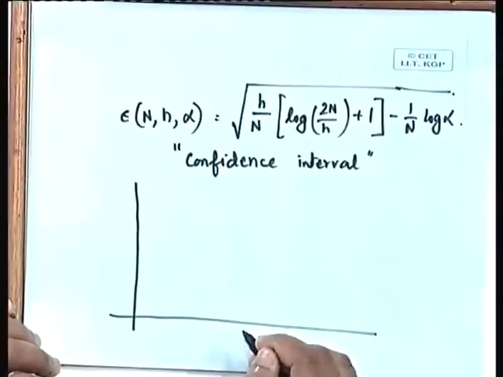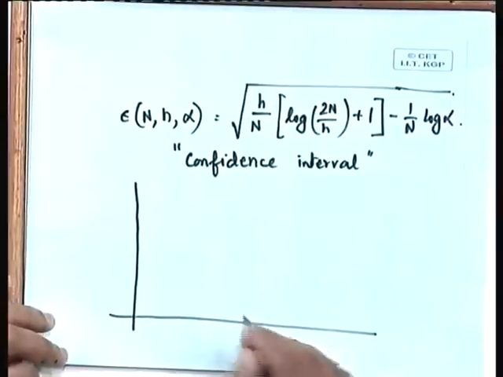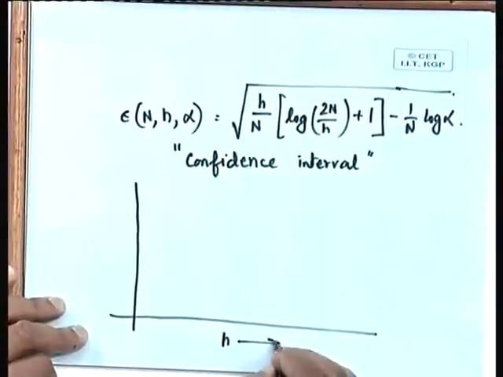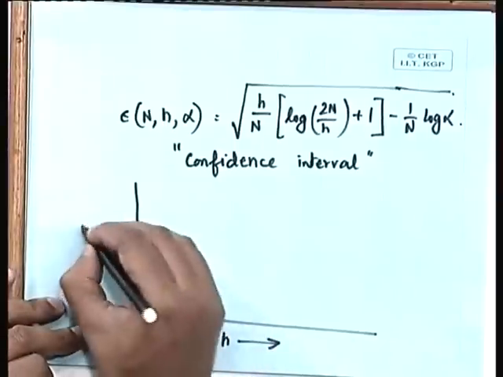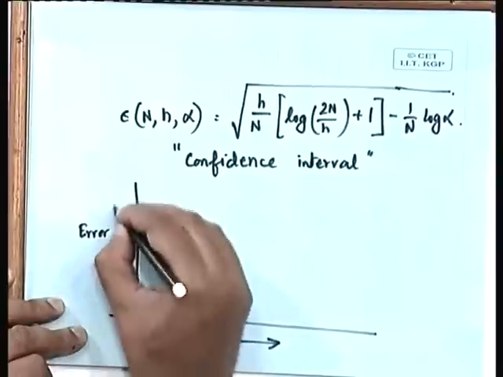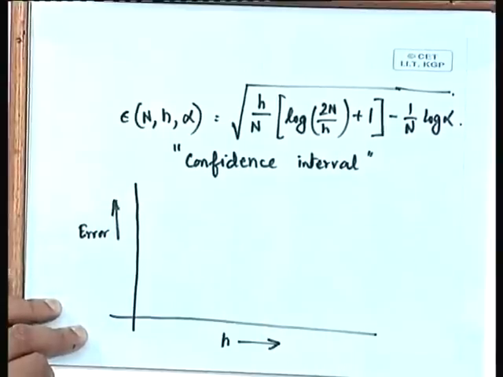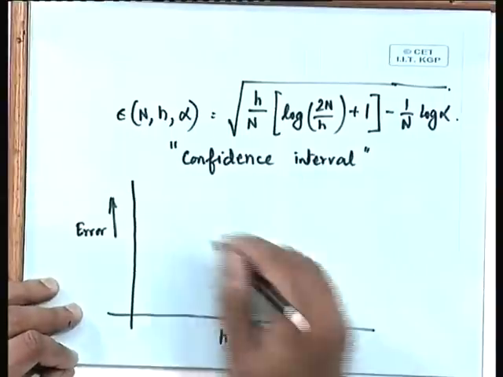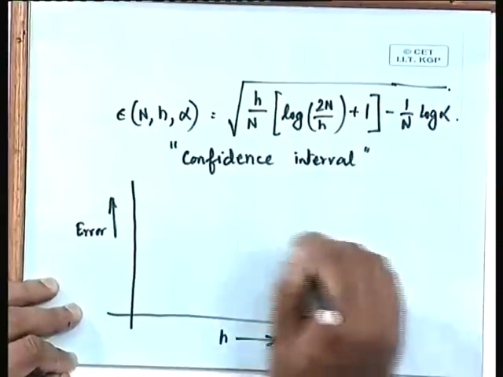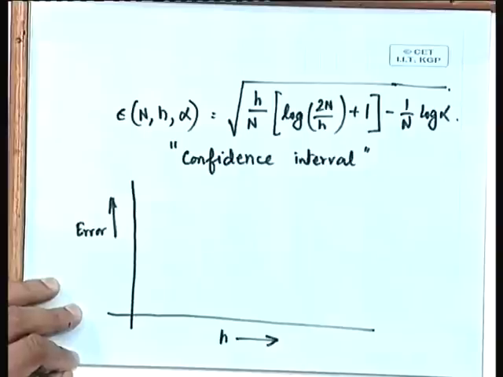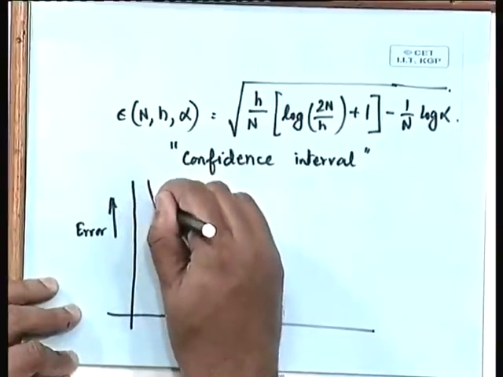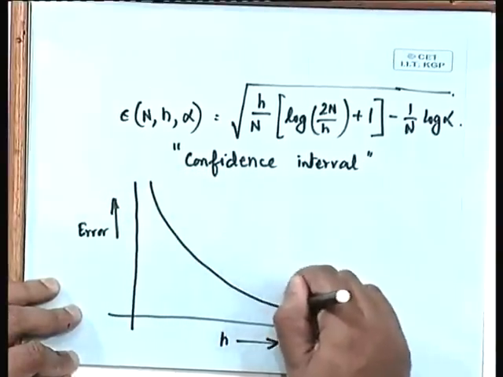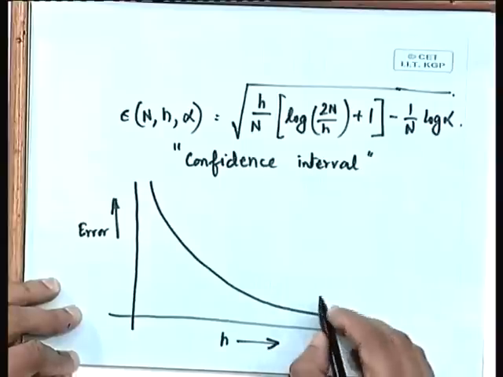In fact, if we try to plot the training error versus h, on the x-axis we plot h, the increasing direction of h, and the y-axis we call the error axis, where we are going to plot the error. So if we are plotting the first term, that is the training error, then the training error will be of this nature, something like an exponential.